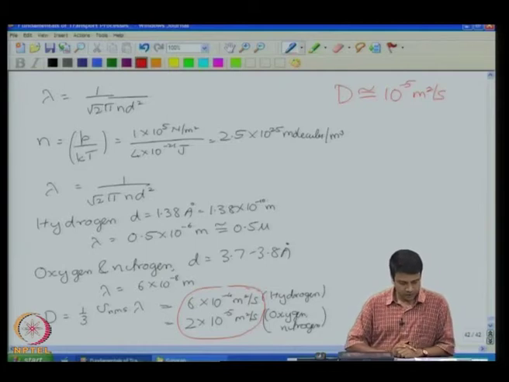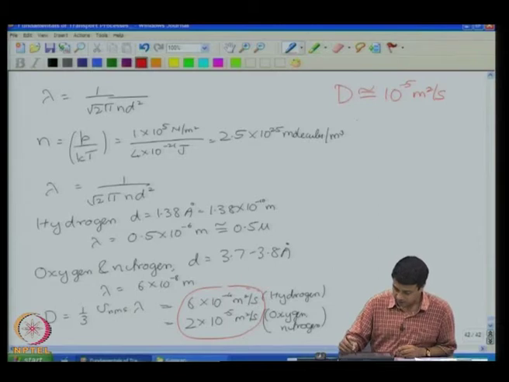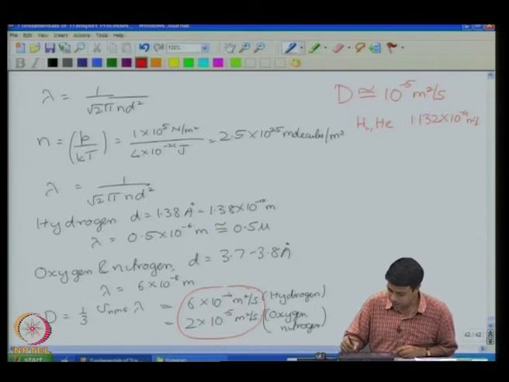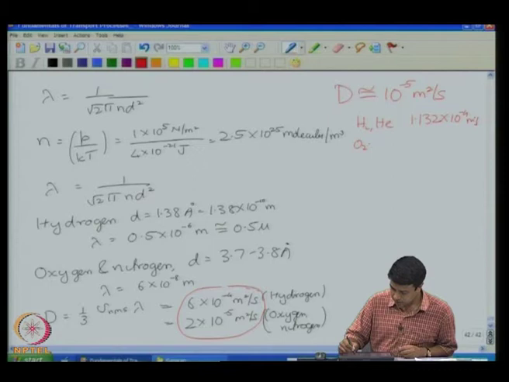Okay. If you look, for example, at values from literature, Kussler reports that for H2 and He, the diffusion coefficient is about 1.132 times 10 power minus 4 meter square per second, while for oxygen it is about 1.8 times 10 power minus 5 meter square per second.